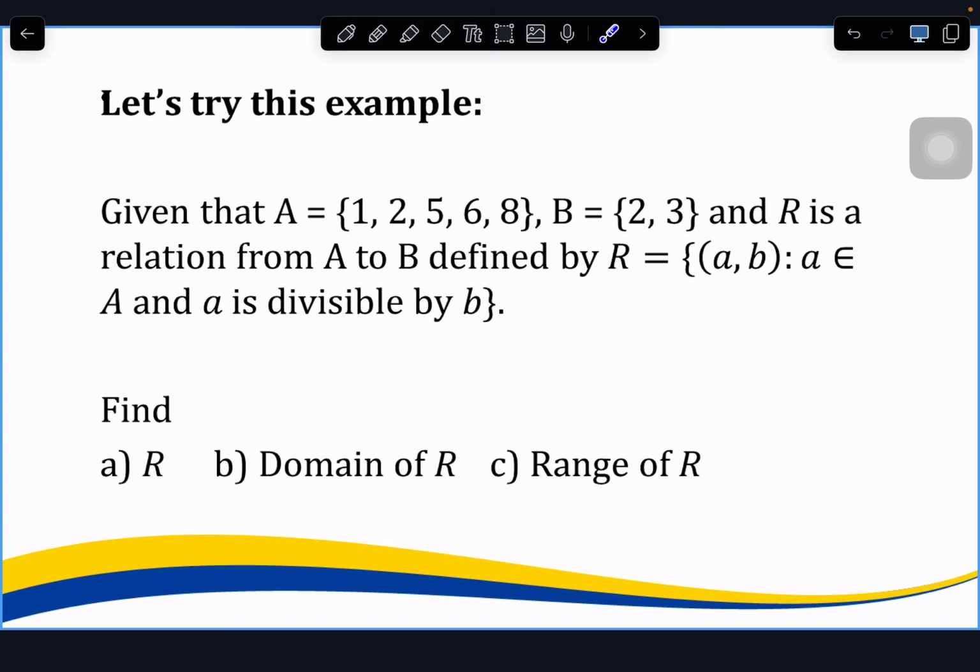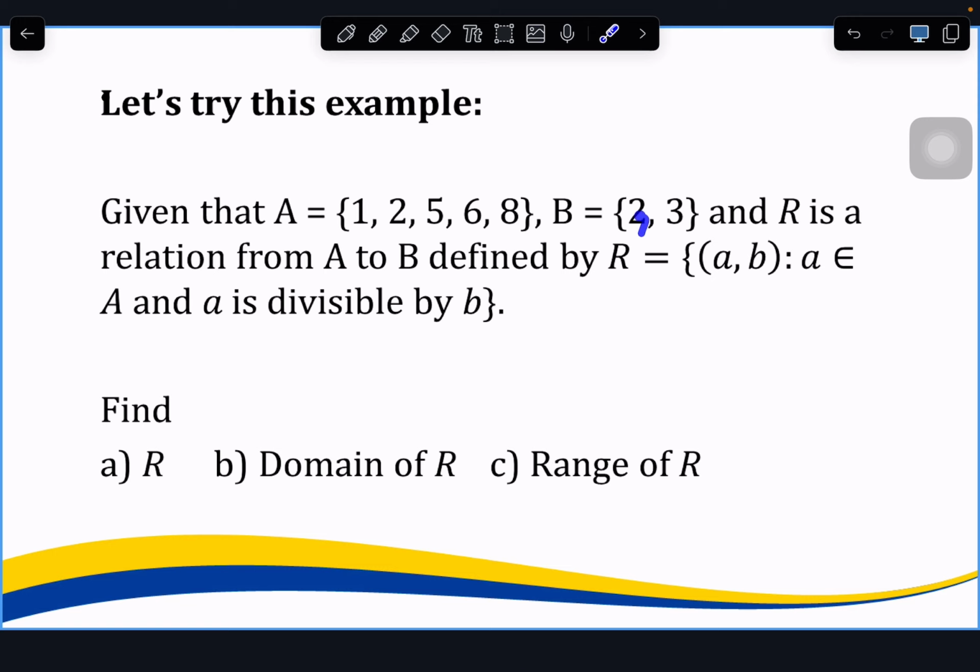Small a refers to the elements in A. Here we have capital A, correct? So a can be 1, 2, 5, 6, or 8. And b can be 2 or 3. Understood?